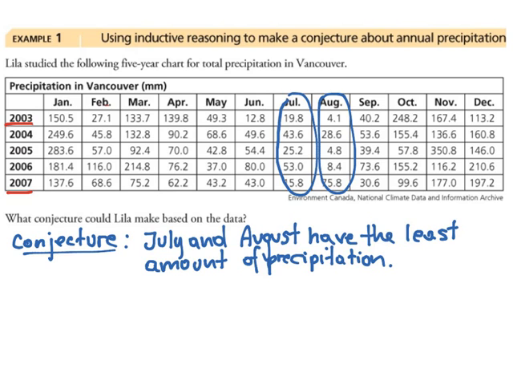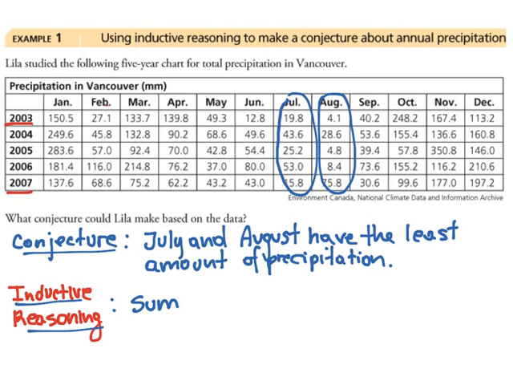The next step is to use inductive reasoning to prove or disprove my conjecture. And how I'm going to use inductive reasoning is through the process of using the numbers inside the table. I'm going to use the word sum. We're going to have the sum for all the months over the span of the 5 years.